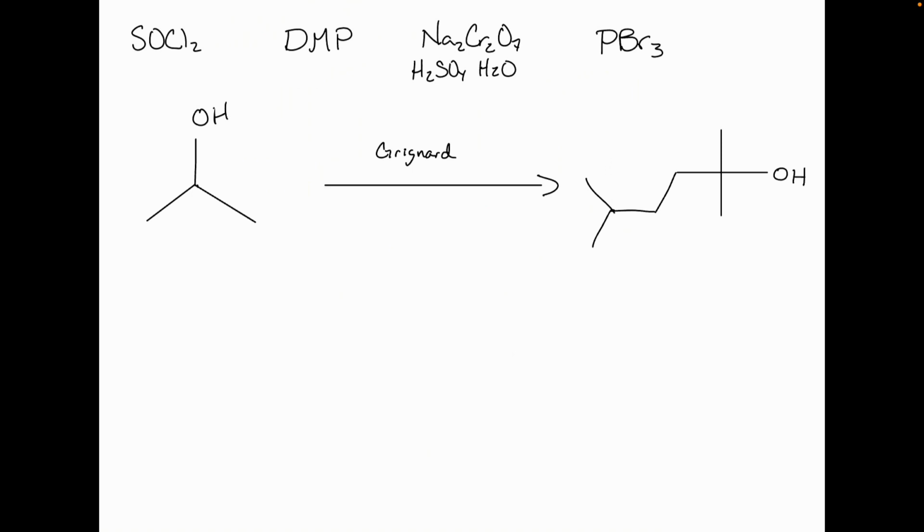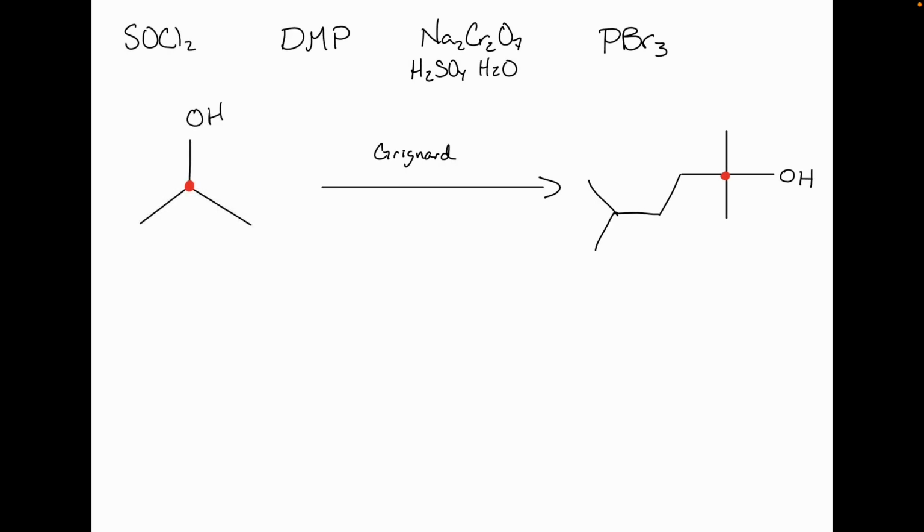All right, so again, I have to figure out where my new bond is here. The one thing that I know for absolute certain looking at this is that this carbon attached to the oxygen has to be this carbon attached to the oxygen. That's what I know for sure. So if I have these 1, 2, 3 carbons in my alcohol, they're going to have to be these 1, 2, 3 carbons in my product alcohol.